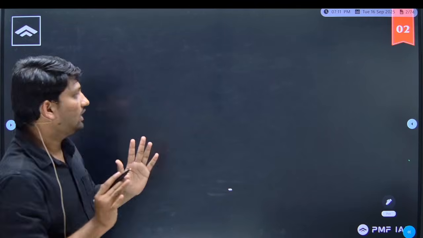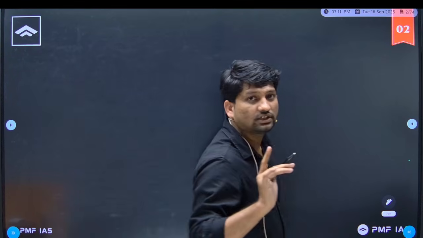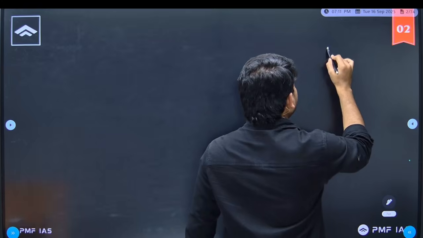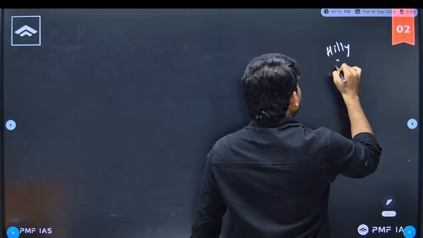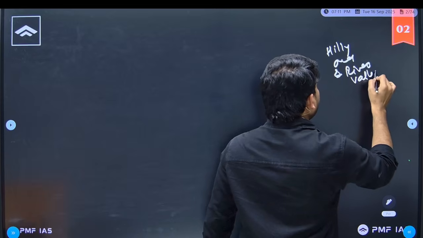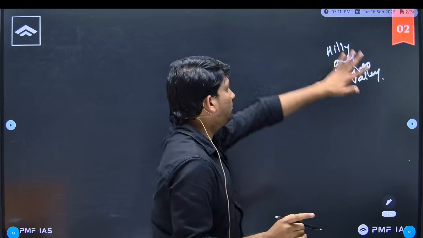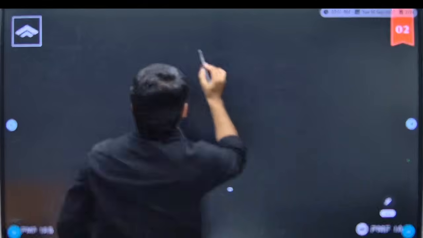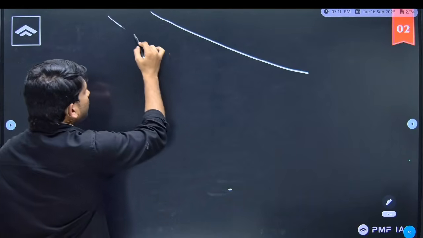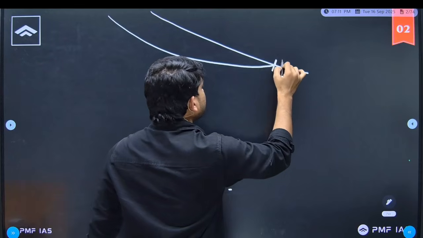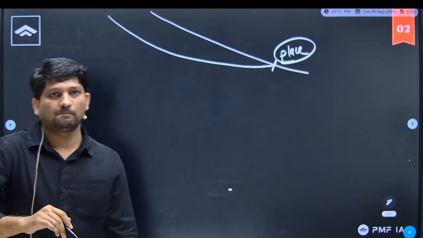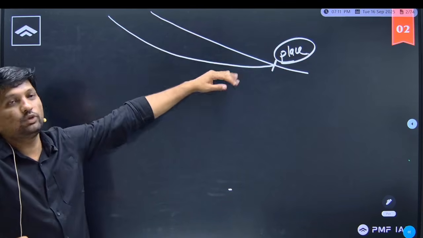Remember, I have already told you these Chalcolithic cultures are found throughout India, but they are mainly concentrated in hilly areas and river valleys. Now tell me, suppose this is the Ganga river and this is the Yamuna, where they meet.